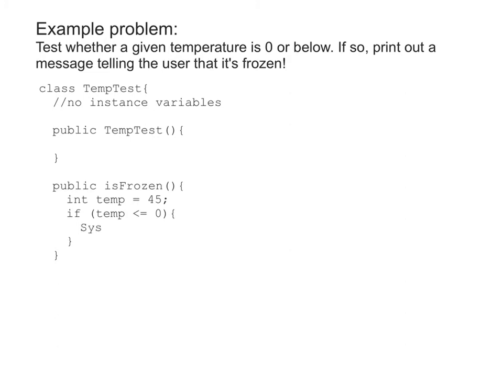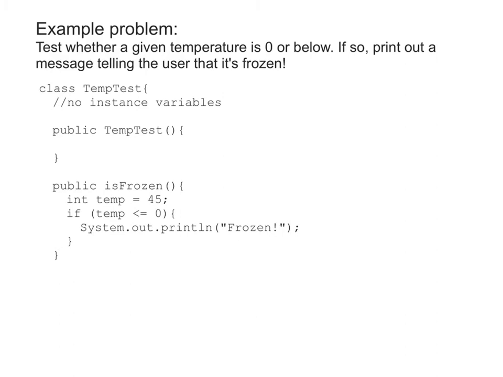We're going to print out system.out.println. Let's just say, let's print out frozen. So this is a great test to see whether something is frozen, and if it is, we do something. But what if we want to do something different if it's not frozen?